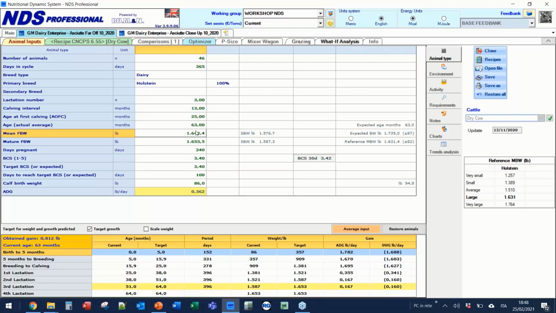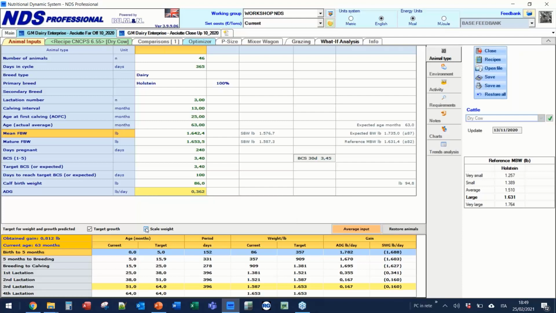Current body weight, please consider that the current body weight should be without conceptus. So if you weigh this animal on a scale, you should make the system aware that the body weight is measured on a scale, because if you do not do that, the risk is that the system takes into account twice the conceptus weight.